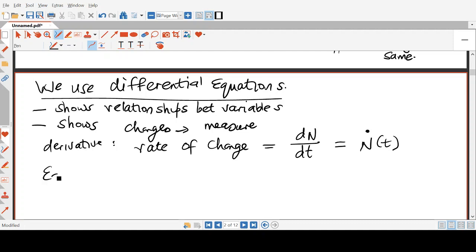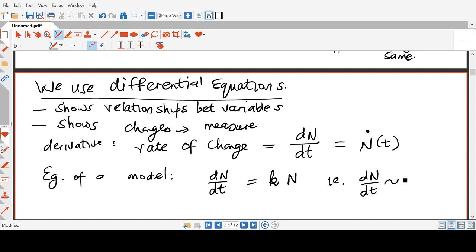So, an example of a model. You may have something like this: dn/dt is kn. In other words, dn/dt is proportional to n.